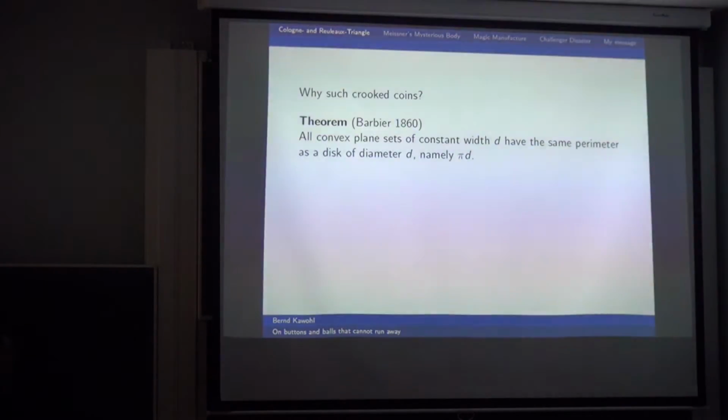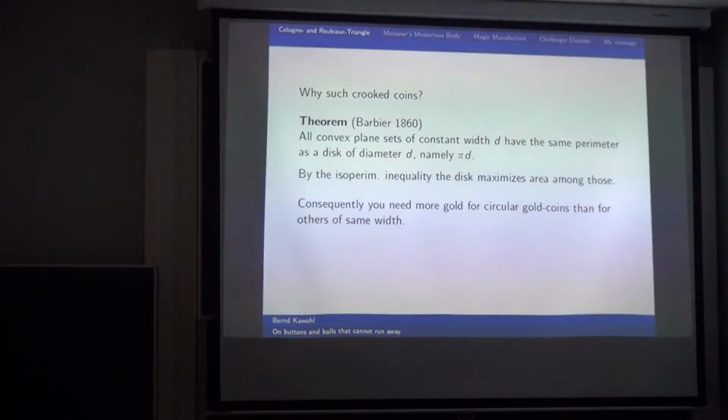And so if I have different plane sets of constant width d, they are all isoperimetric. They all have the same perimeter. And there's the isoperimetric inequality that says among all isoperimetric sets, the disk has maximal area. Therefore, for a coin that has a given diameter, you need more material than for a coin that has corners.